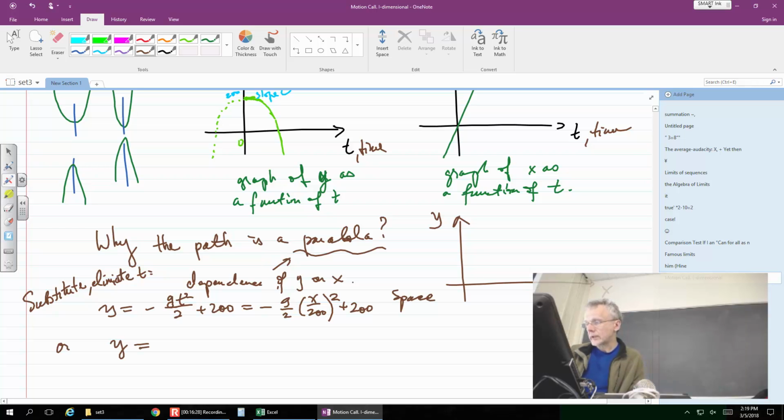So you have negative g divided by 8 with a bunch of zeros, x squared plus 200. So once again, it's a parabola. We know how to sort that out.